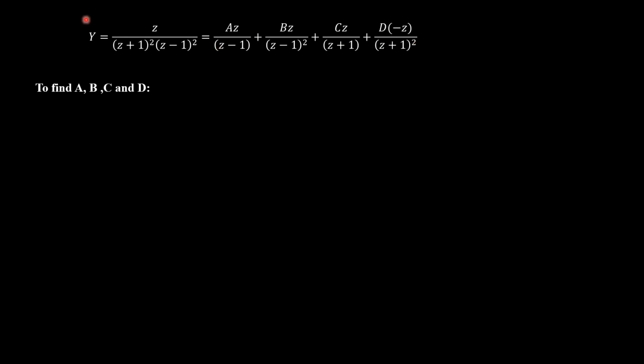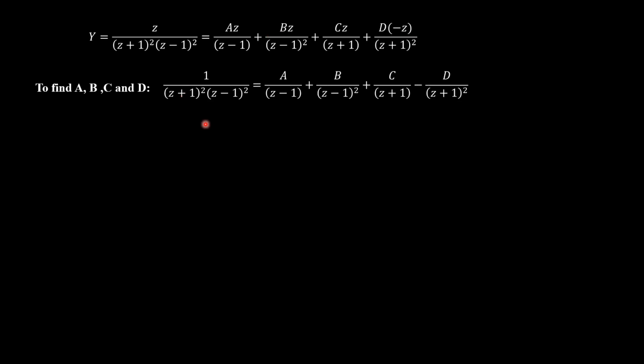To find a, b, c and d, consider z/((z+1)²(z−1)²) = az/(z−1) + bz/(z−1)² + cz/(z+1) + d·(−z)/(z+1)², or 1/((z+1)²(z−1)²) = a/(z−1) + b/(z−1)² + c/(z+1) − d/(z+1)², which implies b = 1/(z+1)².